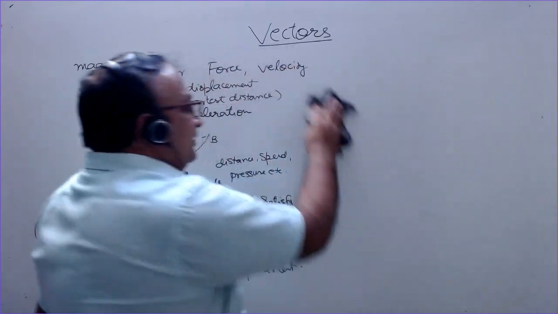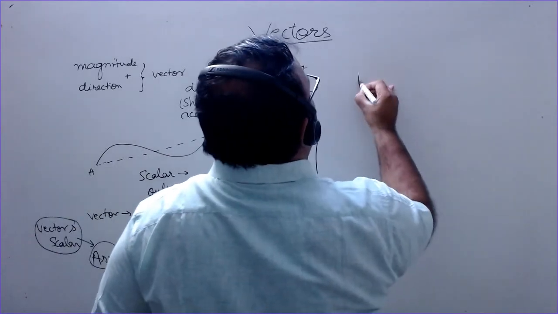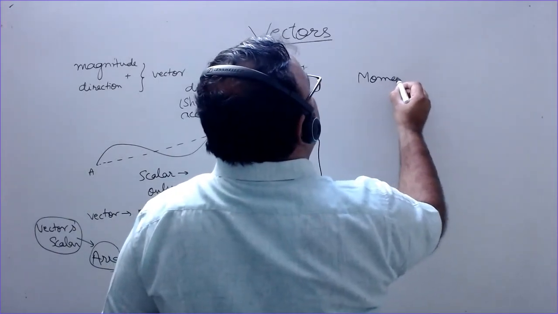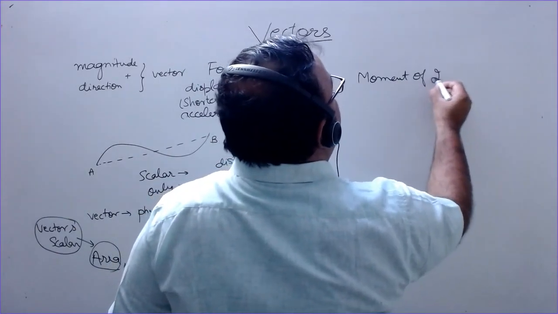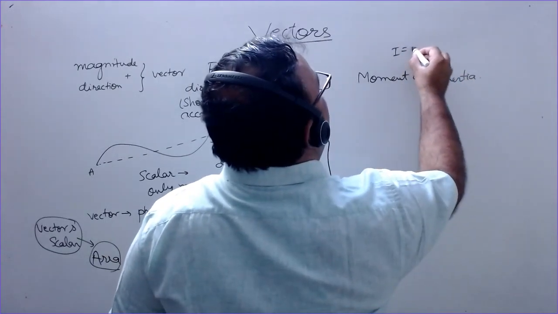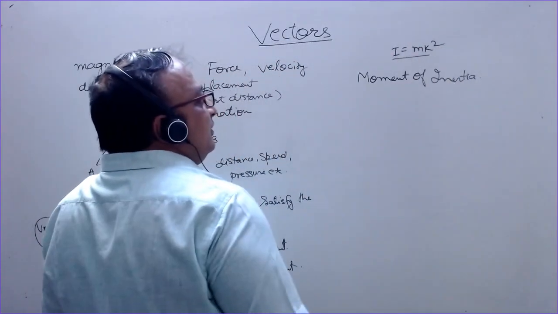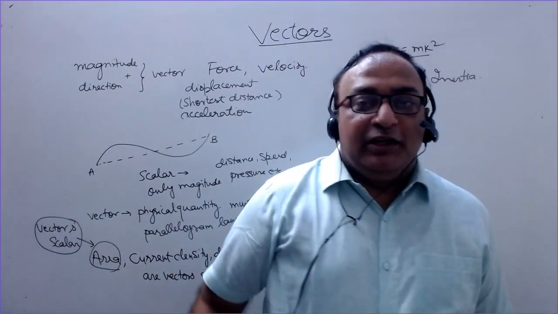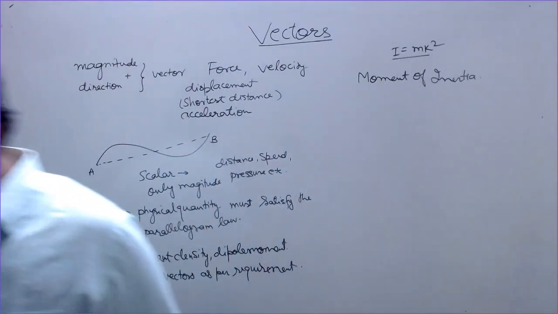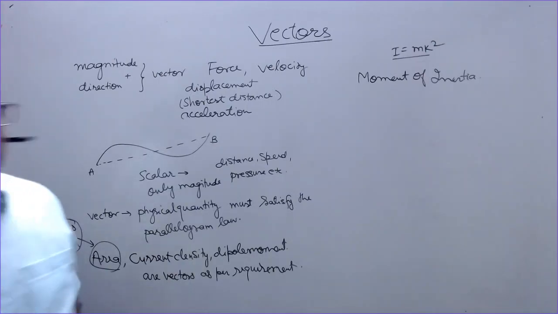It is neither a vector, nor a scalar. Moment of inertia, I is equal to mk squared. k is the radius of gyration, m is the mass of the body, and this is a physical quantity which comes into existence only during the rotational motion of a body.